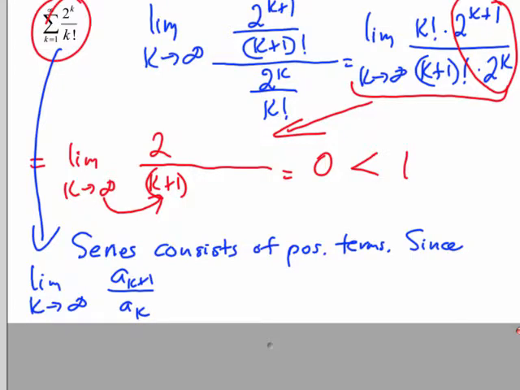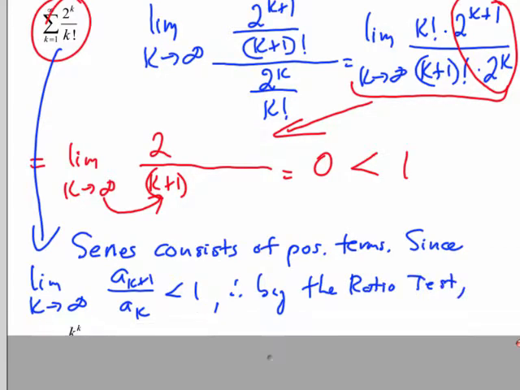I've already shown it above. Since I've shown that that's less than 1, therefore by the ratio test, my original series converges.